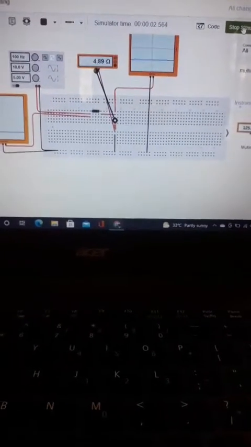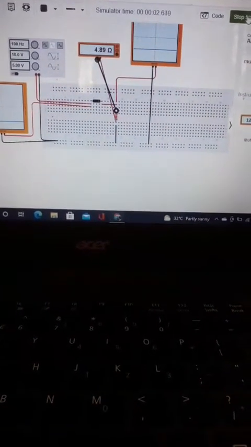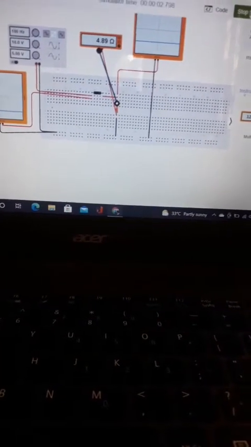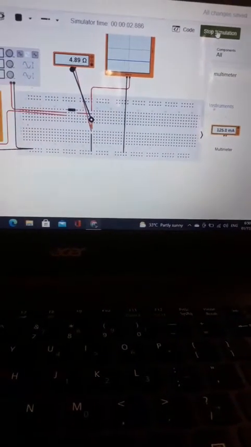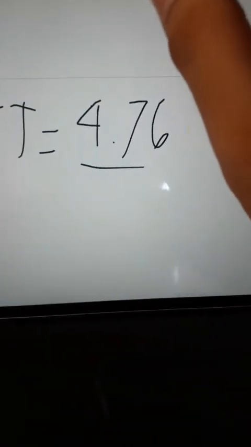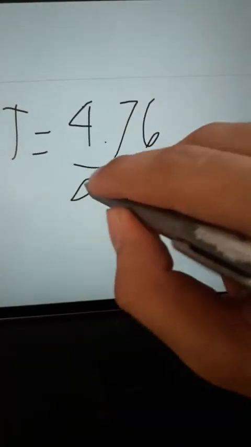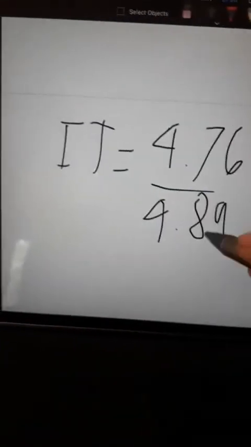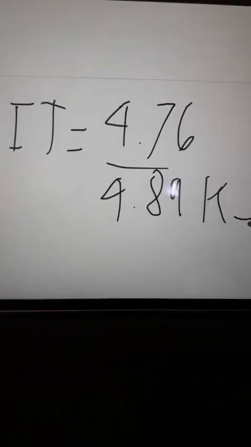Okay, so upon doing this, I found the total resistance is 4.89. That is so strange. It's in kilo-ohms.